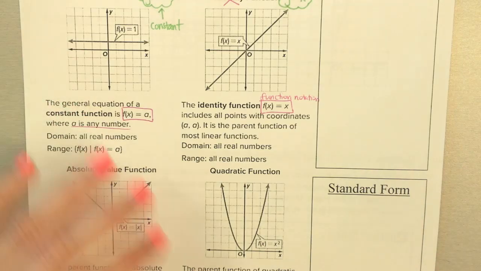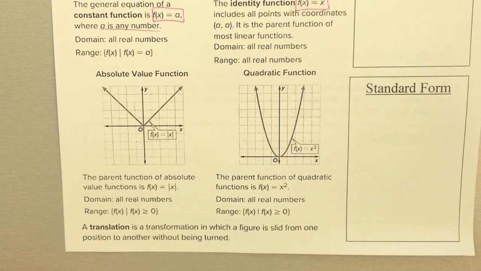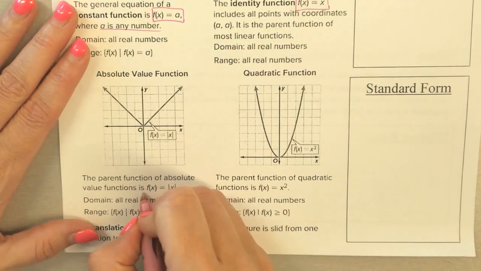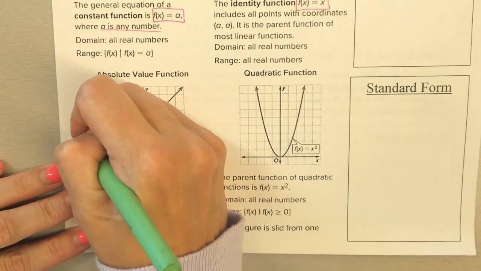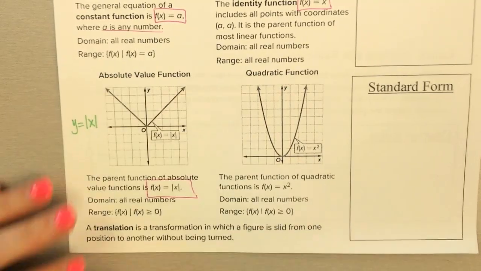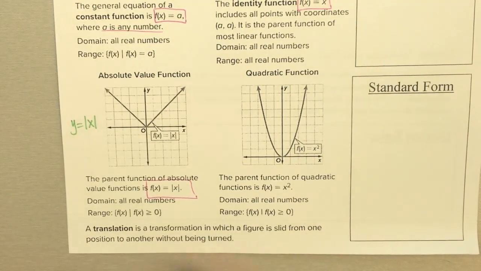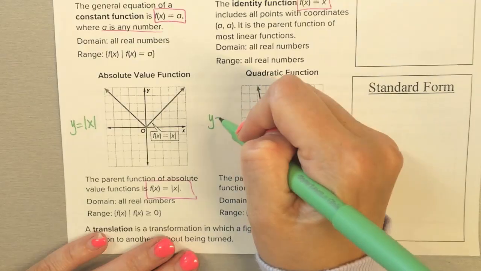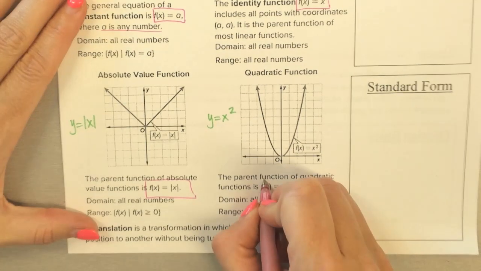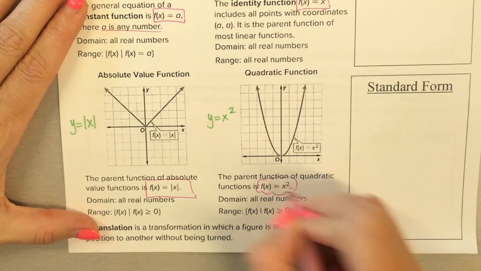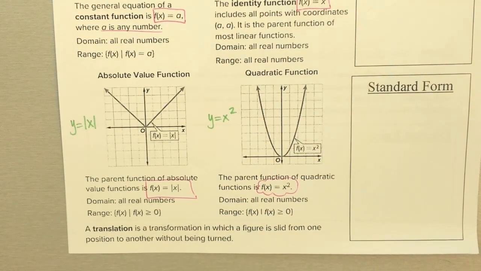Yesterday, we also talked about the absolute value function. So f of x equals the absolute value of x, which again is the same thing if you use y equals. And then we have the quadratic function, which is y equals x squared. Okay, so again, look at your domain. Your domain is going to be all real numbers.